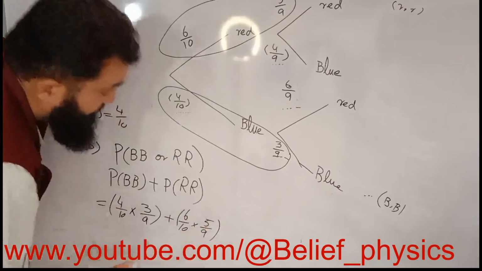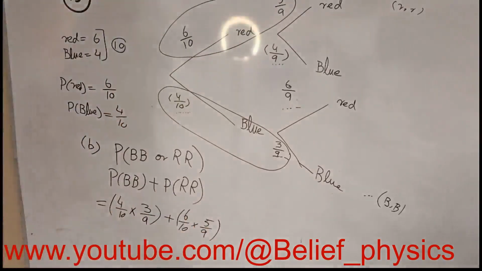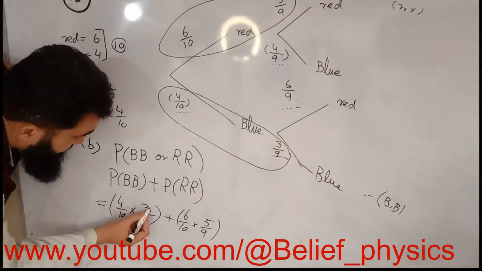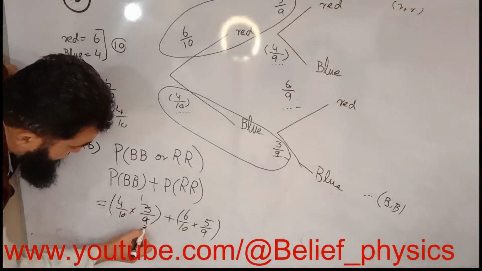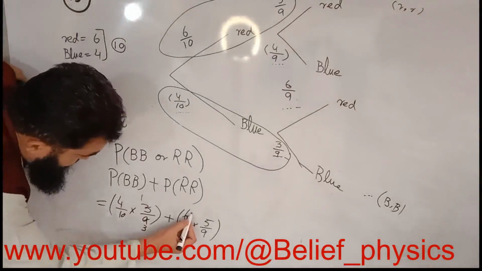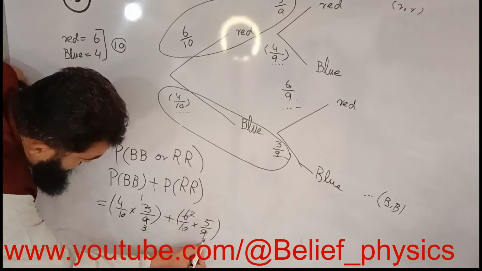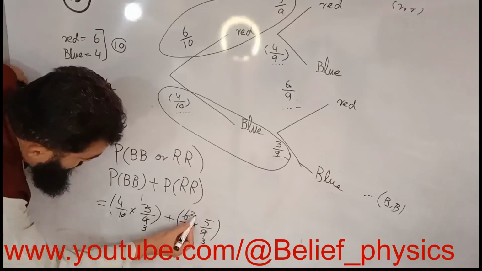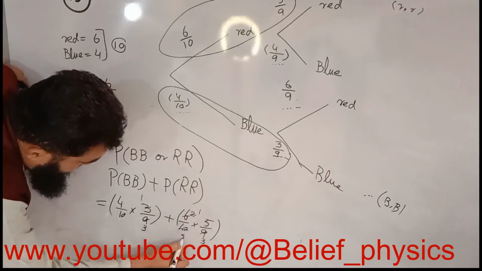Now we have to simplify this. How will we simplify it? It is quite easy. Look here. 3 ones are 3, 3 threes are 9. So similarly 3 twos are 6, 3 threes are 9. 2 ones are 2, 2 fives are 10. 5 ones are 5, 5 twos are 10.